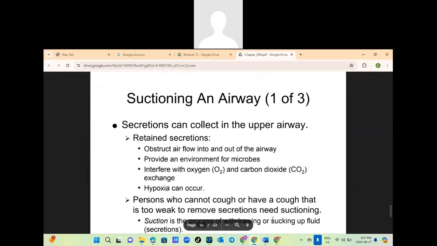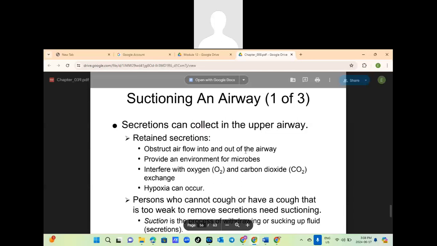Retained secretions can obstruct airflow into and out of the airway, provide an environment for microbes to grow and cause infection, and interfere with oxygen and carbon dioxide exchange. If all these are altered, hypoxia, or loss of oxygen, can occur.